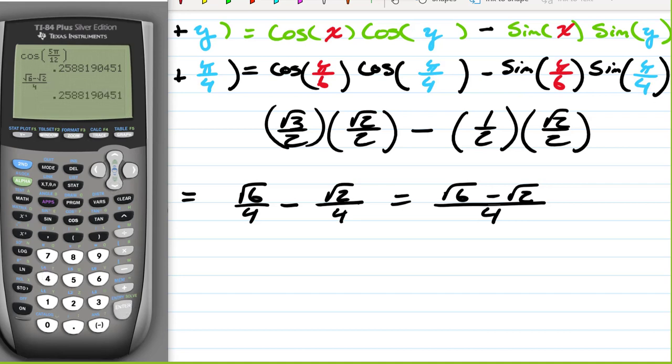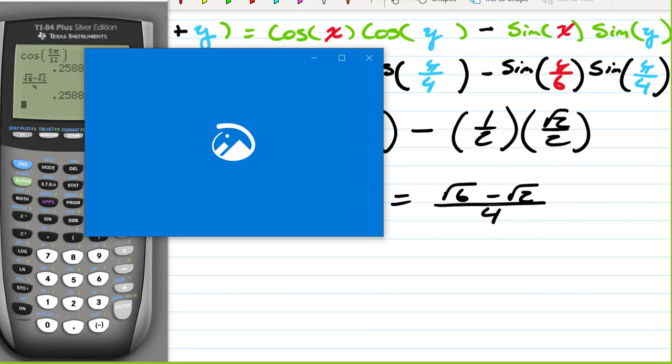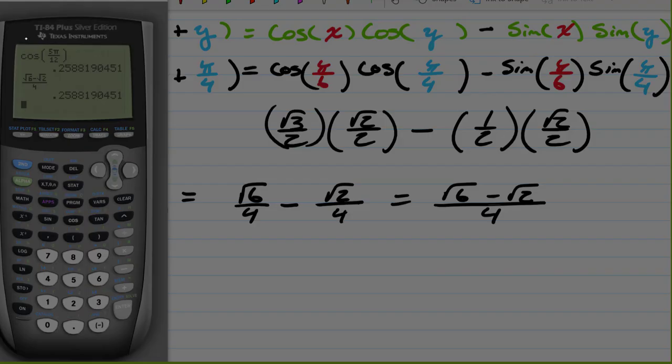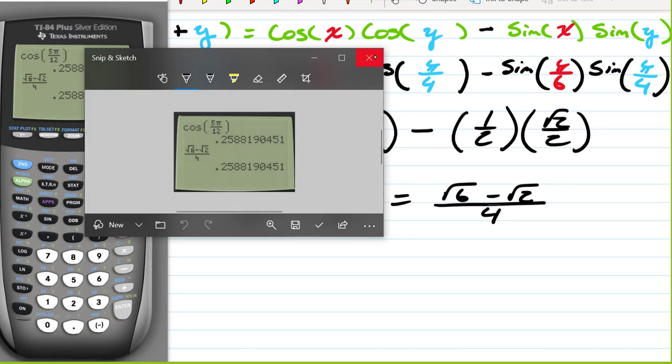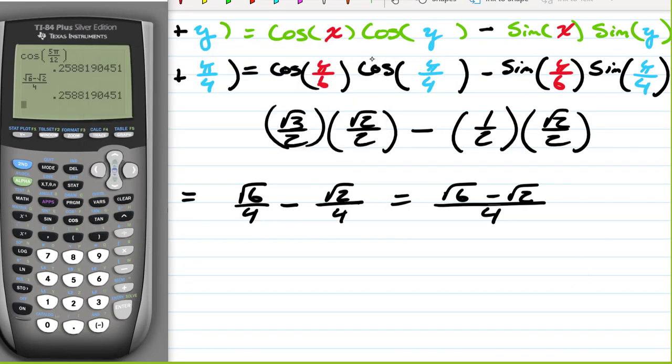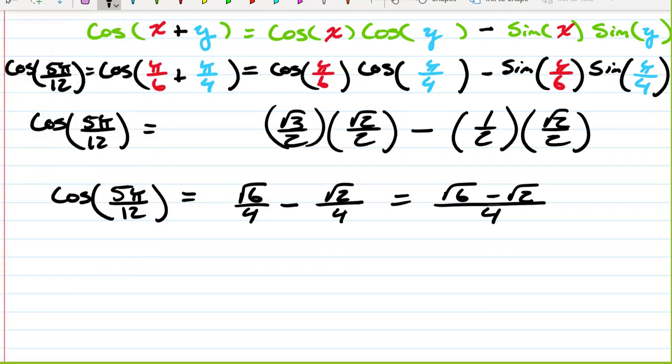And they do have the same decimal approximation. So indeed, the cosine of 5 pi over 12, the exact answer is the square root of 6 minus the square root of 2 all over 4. So we can check to make sure our solution is correct.